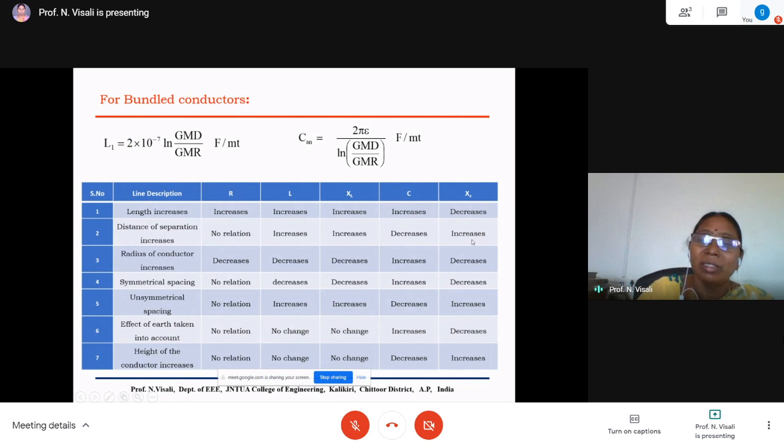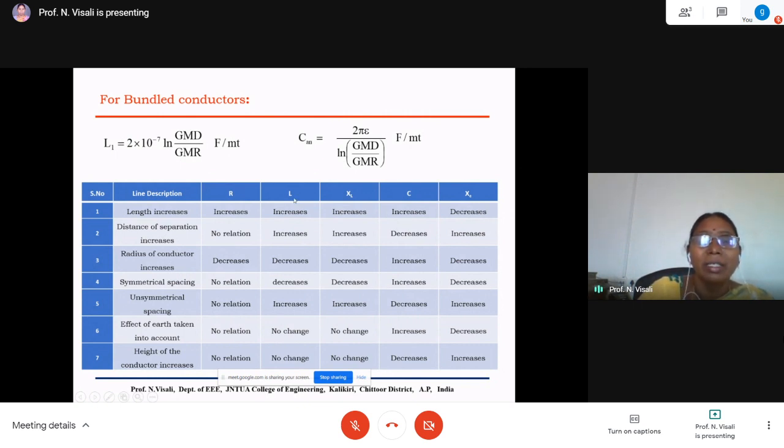Then radius of conductor increases. The radius increases, then what will happen? Resistance is ρ times L by A. A is modified, and because it is inversely proportional, as the radius increases, resistance decreases.